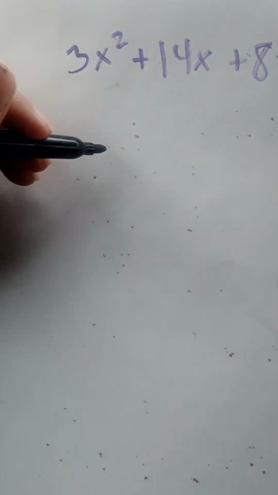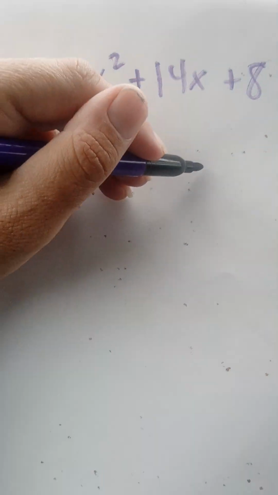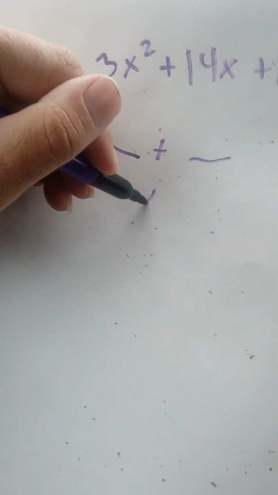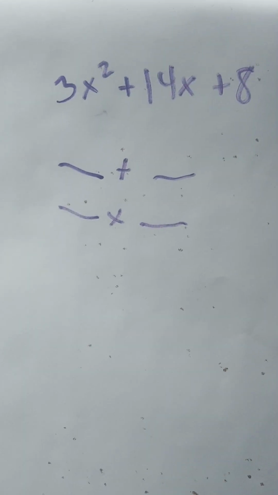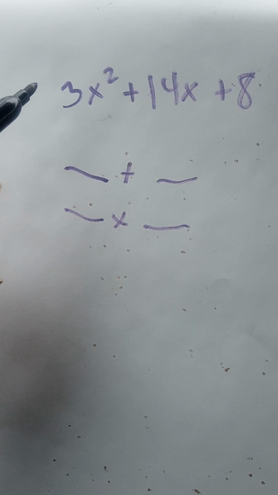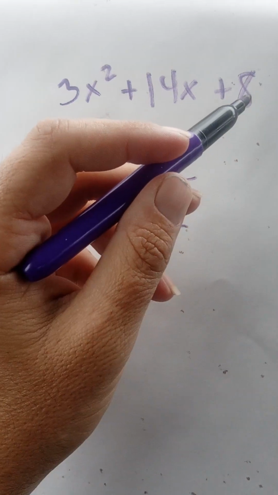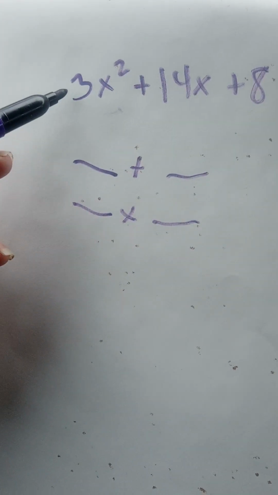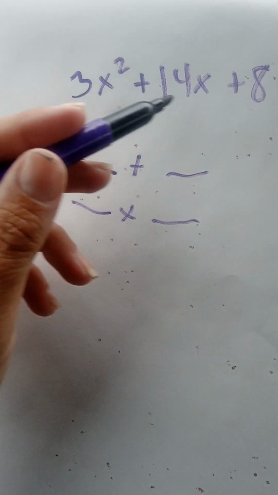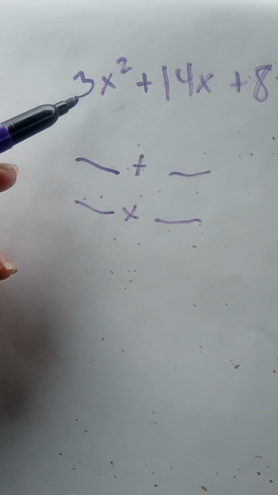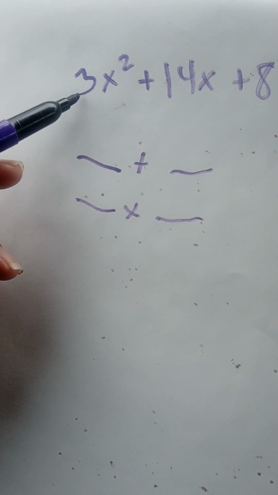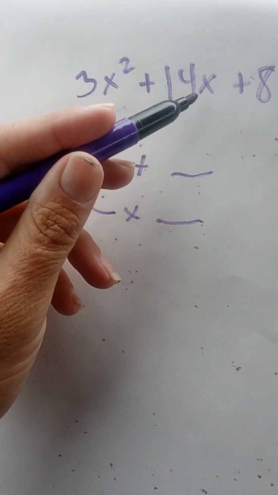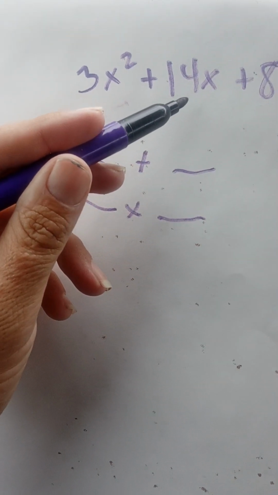To figure out this problem, I'm going to just set it up like this. There are some problems, like in this case a trinomial, where we can't just factor by taking these three terms and saying, oh, I can factor a 3 out of x squared, a 3 out of 14, a 3 out of 8.